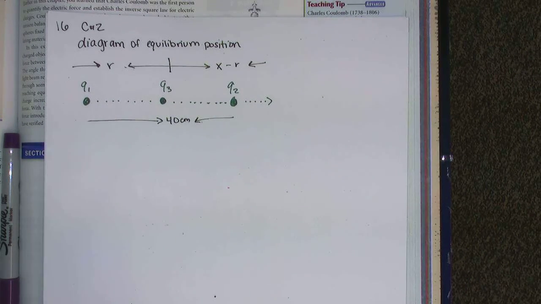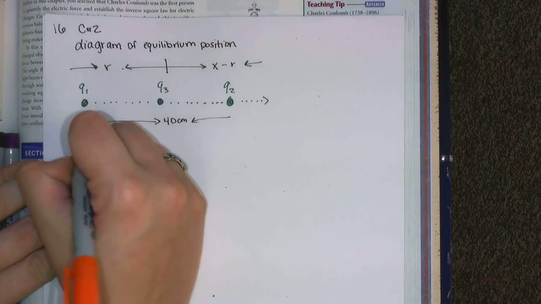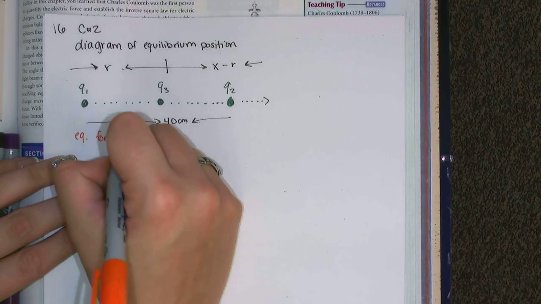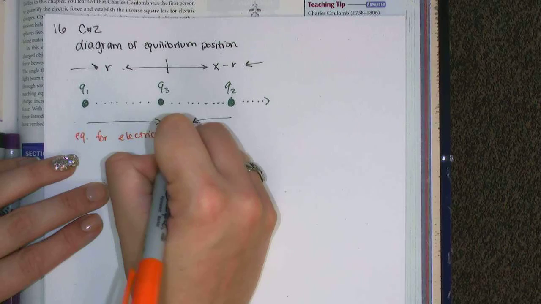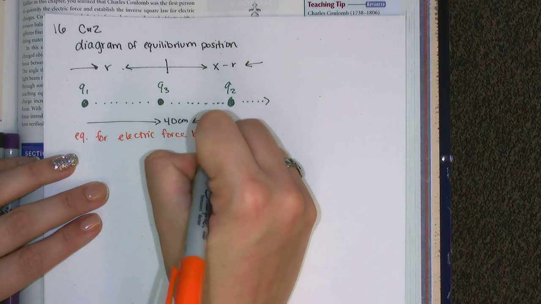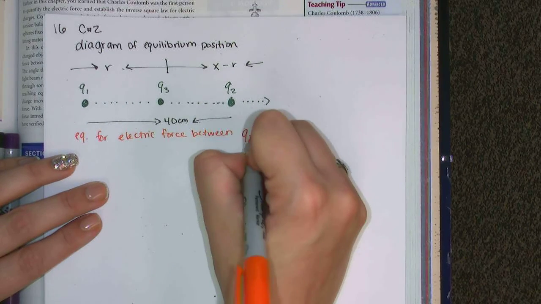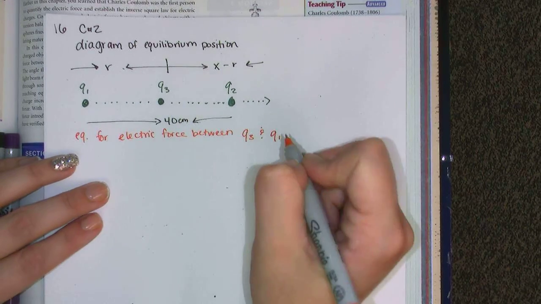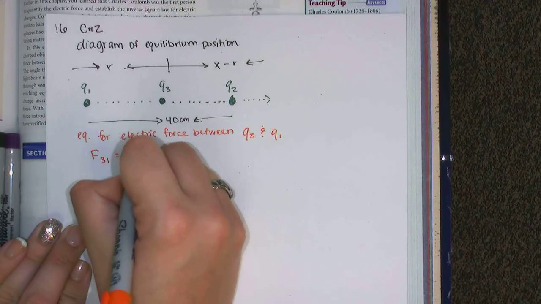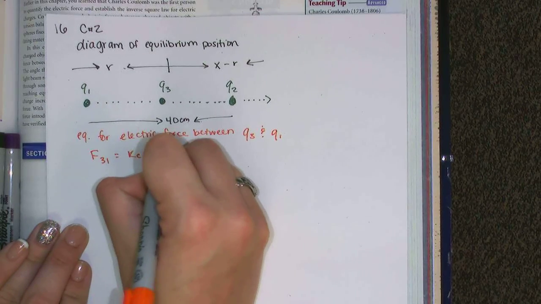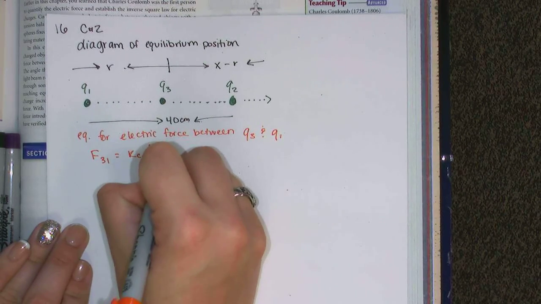Alright, so the equation for the electric force between Q3 and Q1 would be F31 is equal to K sub C Q3 Q1 over R squared.